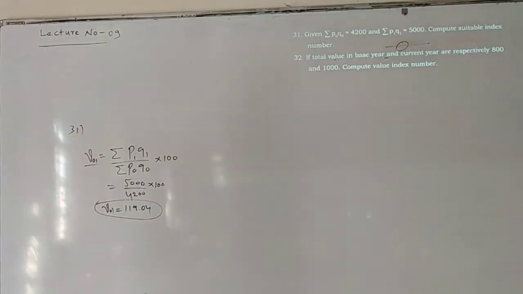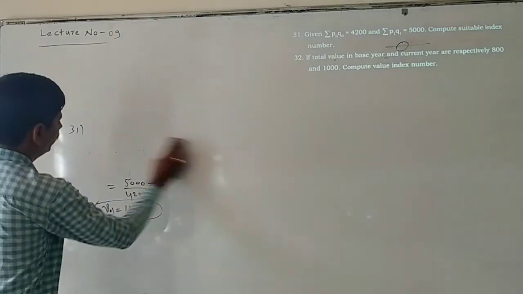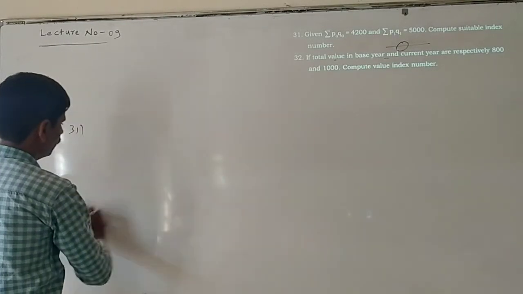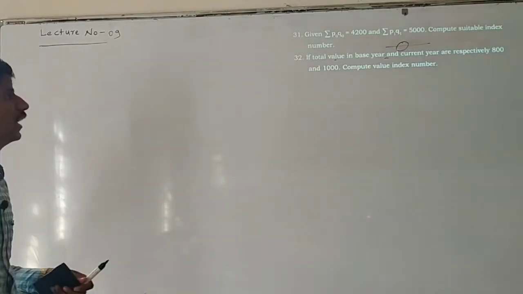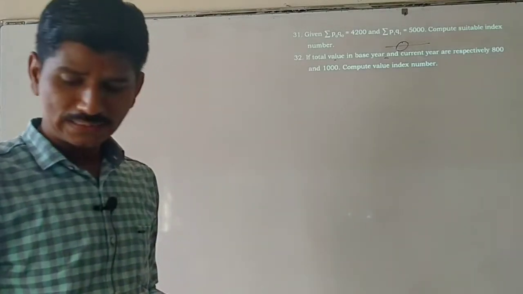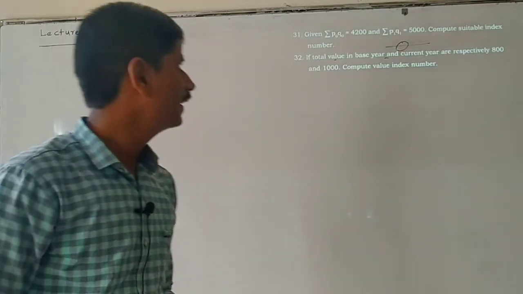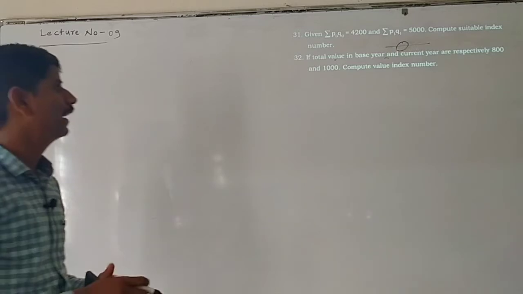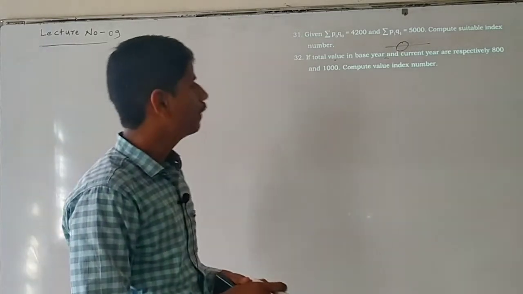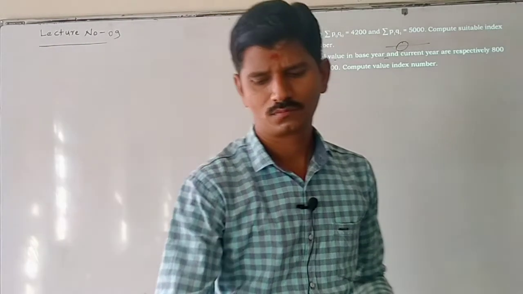Okay, the next, problem number 32. If total value in base year and current year are respectively 800 and 1000, compute the value index number.